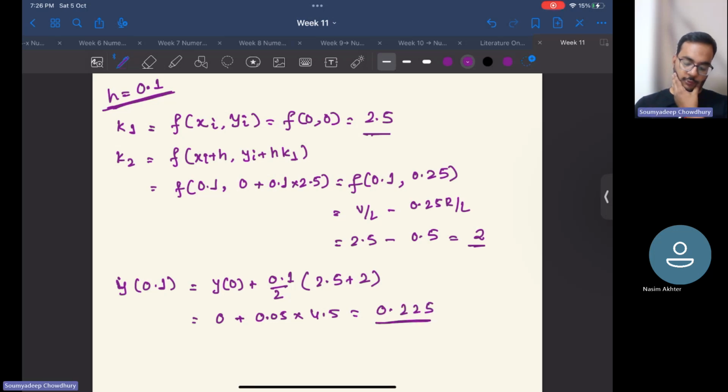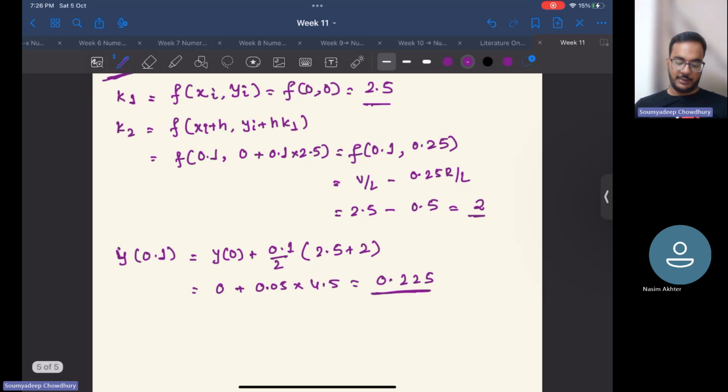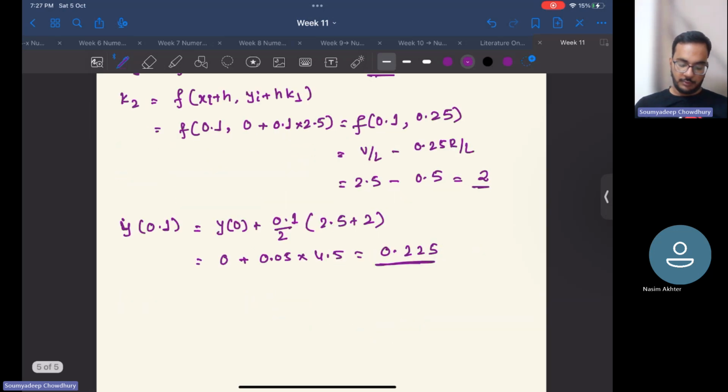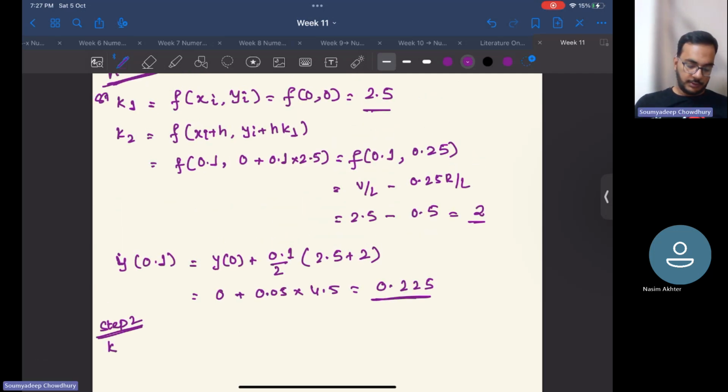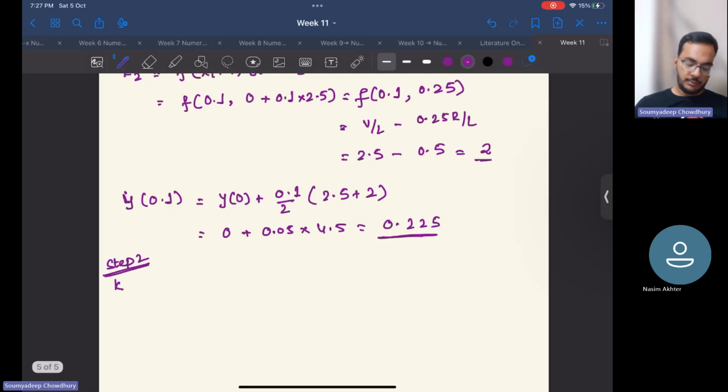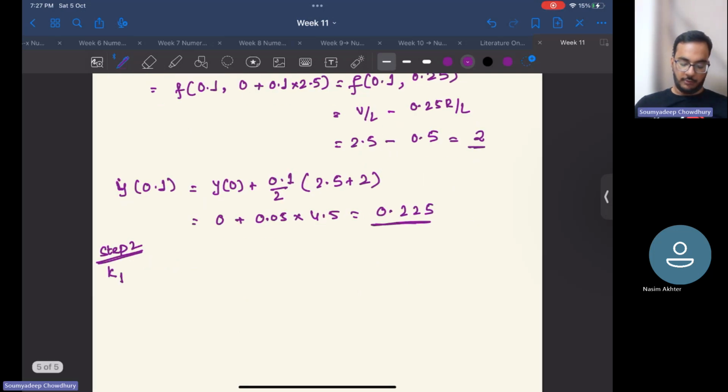It is 0.225. This is the first step, right? Now we have to do it again to get the next step, step 2. This was step 1. For the next step, K1 will be f of x1 comma y1, or x2 comma y2 rather.